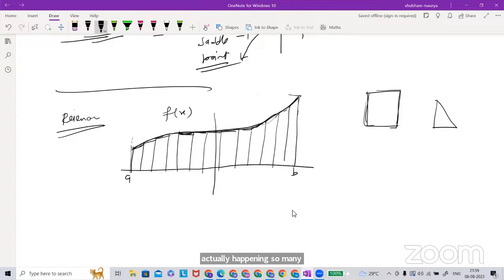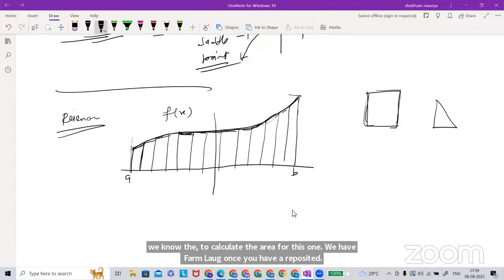To calculate this we know the formula for the area. Once you have a trapezium, you can calculate the area.